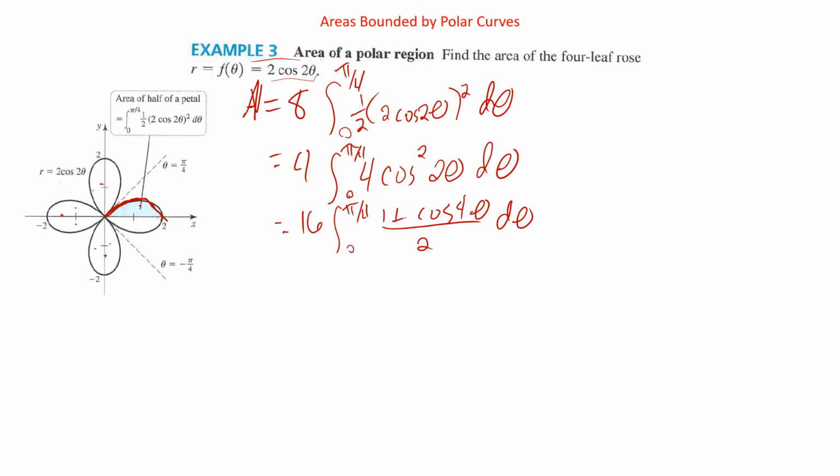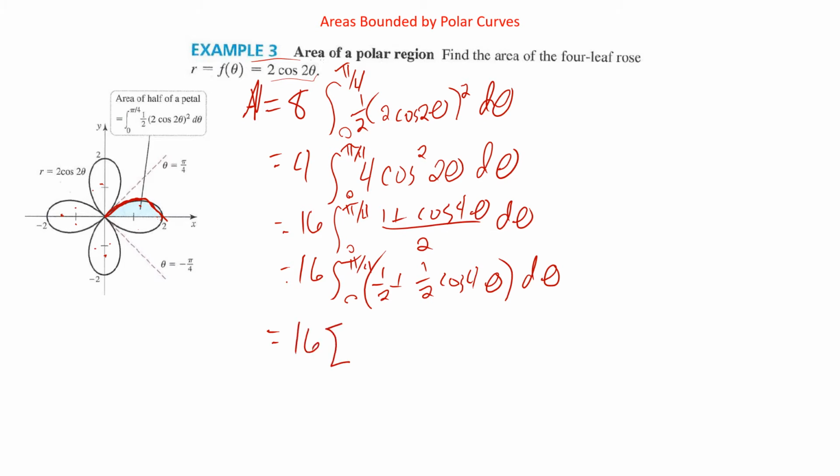So splitting this up, we have 16, 0 to pi over 4 of 1 half plus 1 half cosine of 4 theta d theta, which will give us 16 times 1/2 will be 1/2 theta. And then cosine will give us sine, so we'll have plus sine of 4 theta.